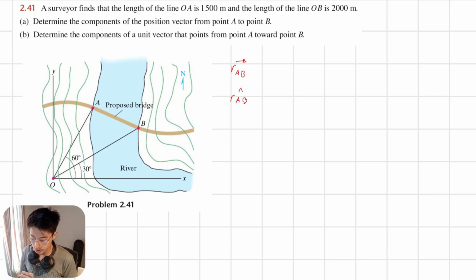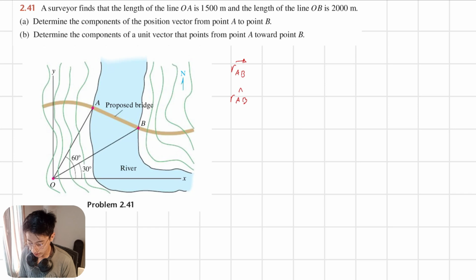So for us to determine the vector RAB, we need either the components of the vectors OB and OA, or, let me put it more graphically, we need either these vectors' components or we need the coordinates for the 2 points.